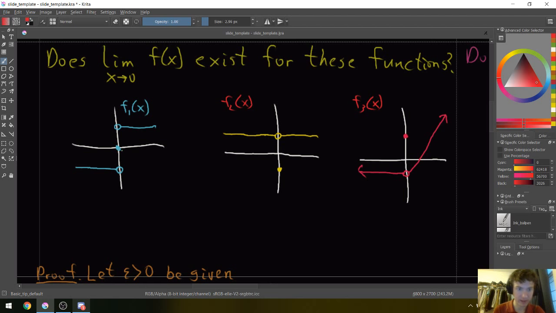0. Okay, so you're saying I can make f of x as close as I want to 0 by guaranteeing that x is close to 0. Okay. Can you explain how that's true? So how would you, for instance, if I hand you an epsilon and say f of x has to be within epsilon of 0, how would you choose a delta that makes that true?